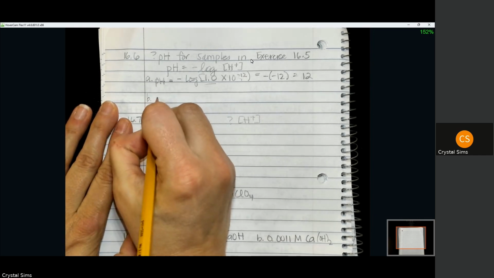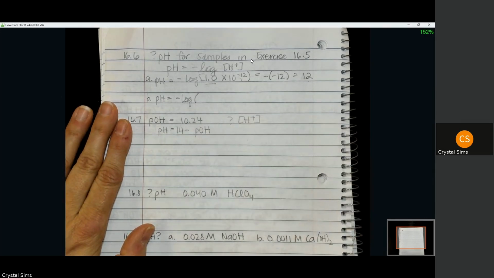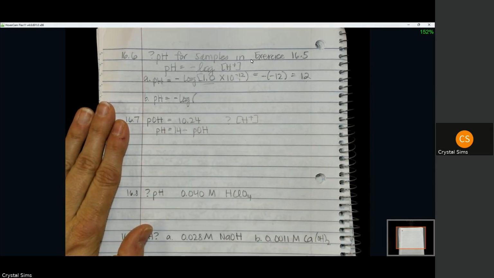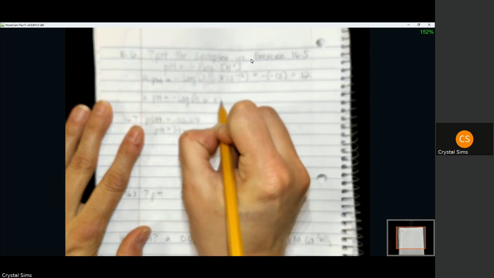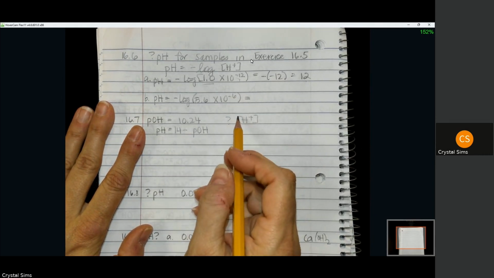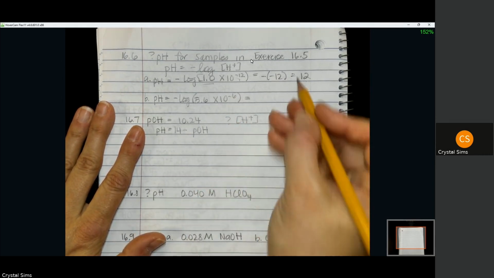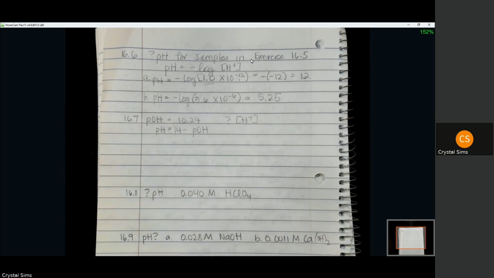Now in B, we can't do that because we don't have the 1.0 there. It is 5.6 times 10 to the negative 6. So when I plug that into the calculator, I get 5.25 as my pH.